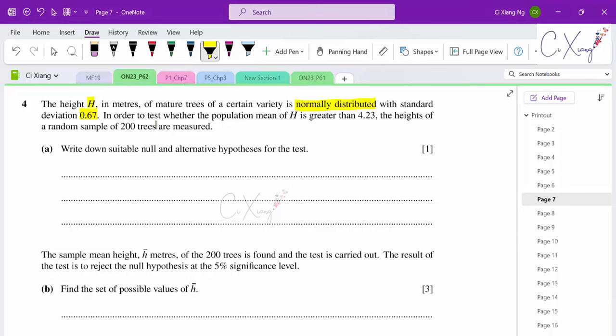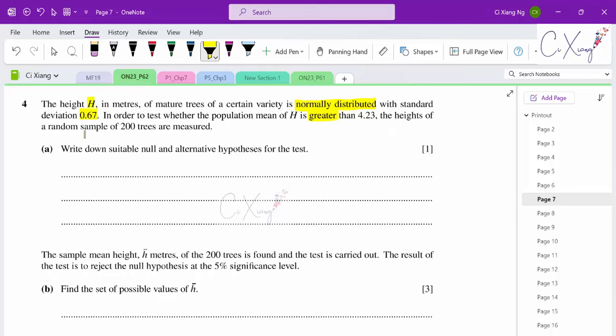Okay, so in order to test whether the population mean of height is greater than 4.23, highlight the keyword greater. From here, you can also see the word test, so this is a hypothesis test question. Therefore, we need the keyword to help us set up the alternative hypothesis. So the word greater is the word that helps us to set up the alternative hypothesis later.